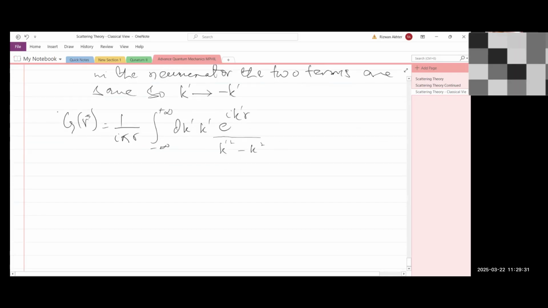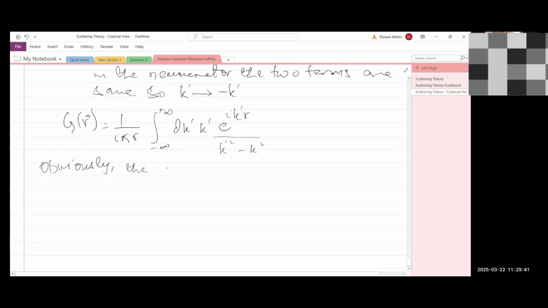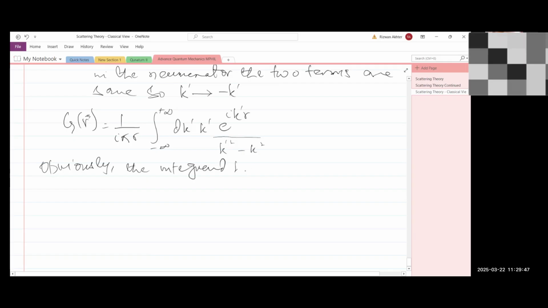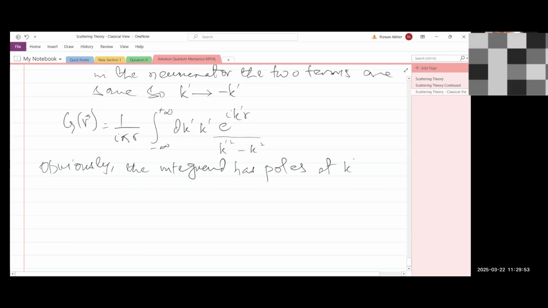Obviously the integrand has poles. Where are the poles? It has poles at k prime equal to plus minus k on the real axis.